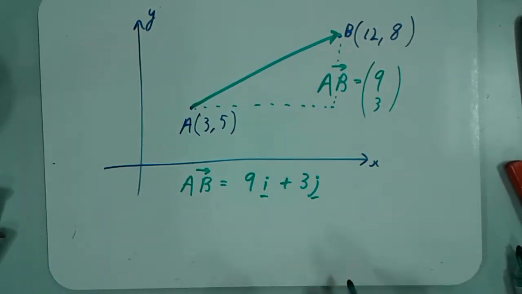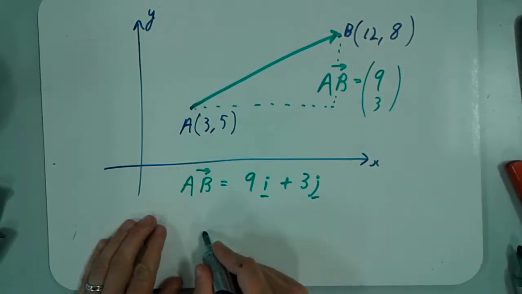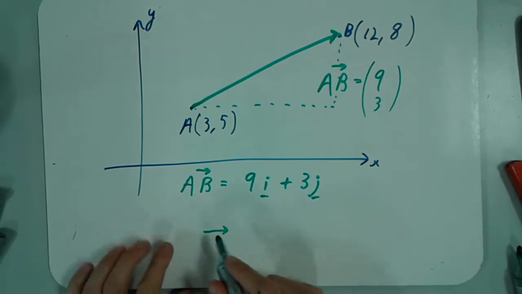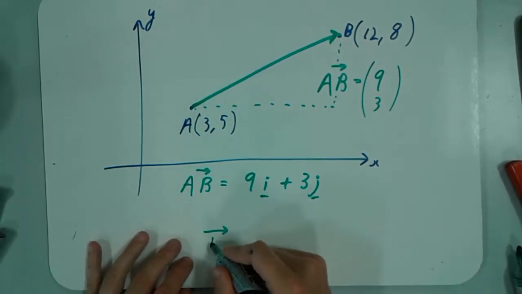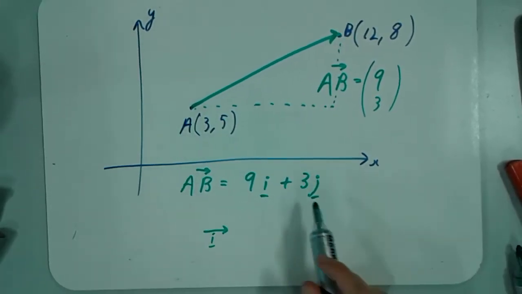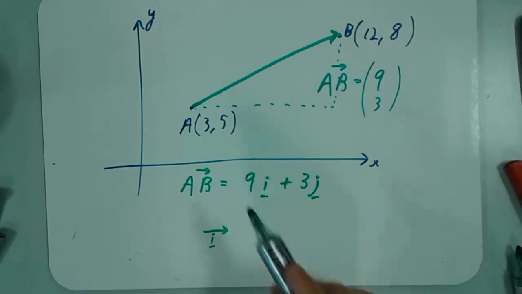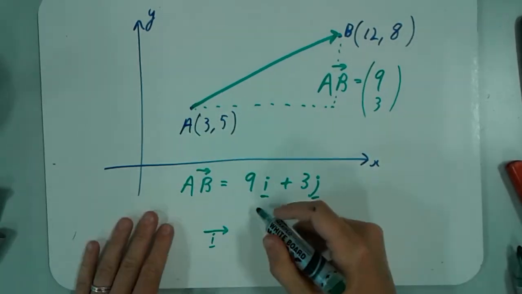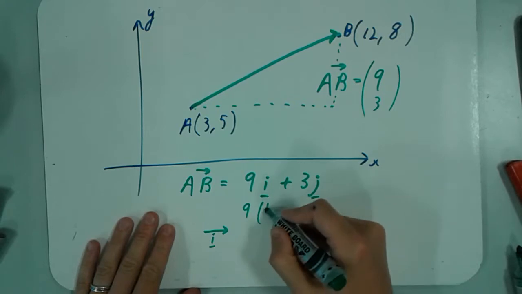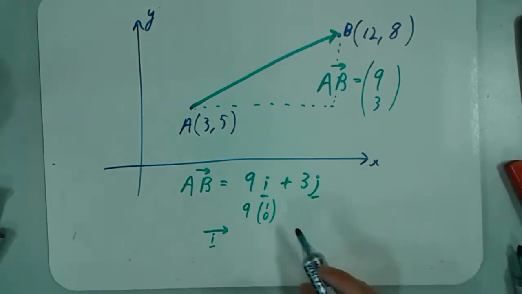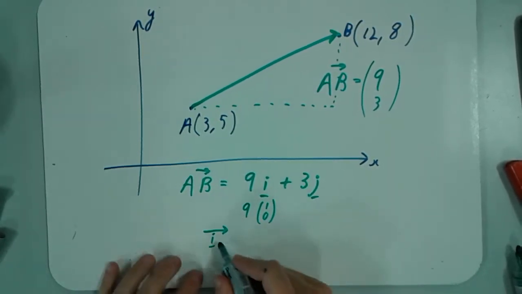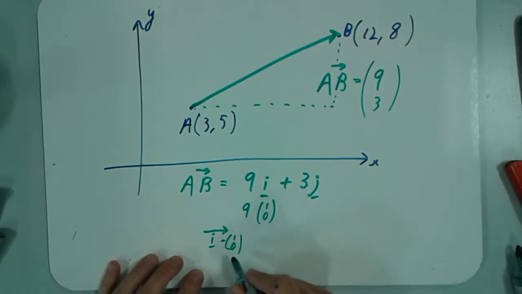i and j are what we call unit vectors. i describes one movement to the right. So in terms of coordinate geometry, that's like moving 1 along the x-axis. So that is the vector (1, 0). Okay, (1, 0) is i.